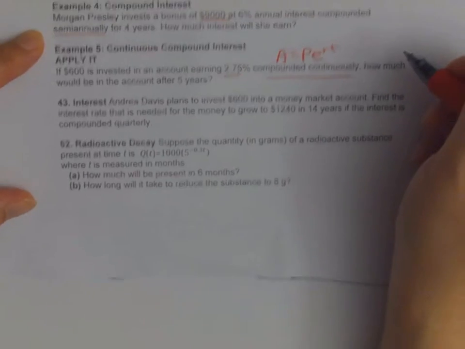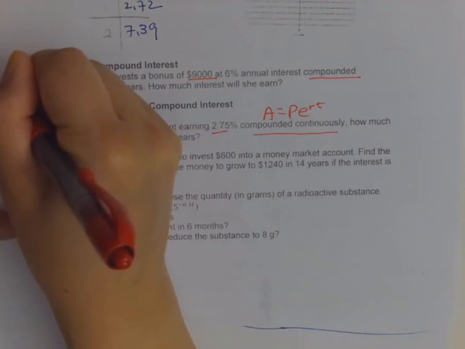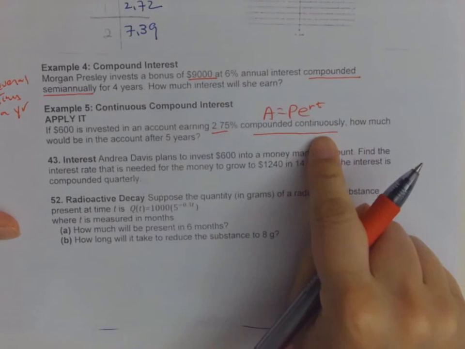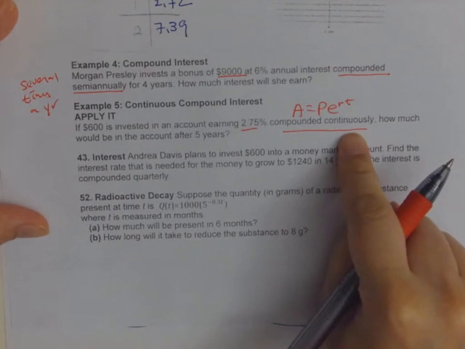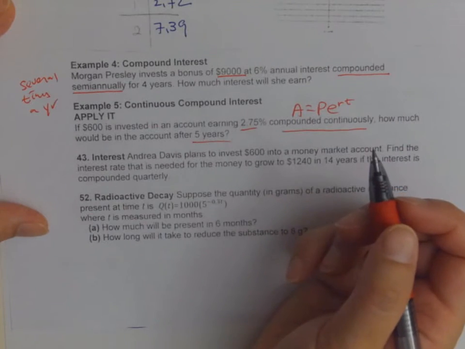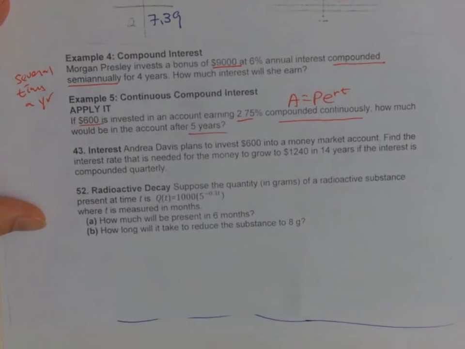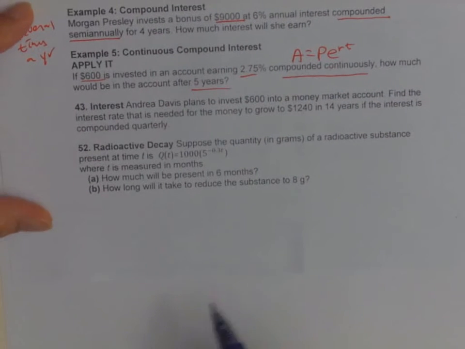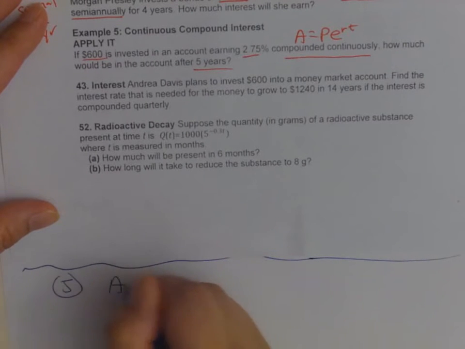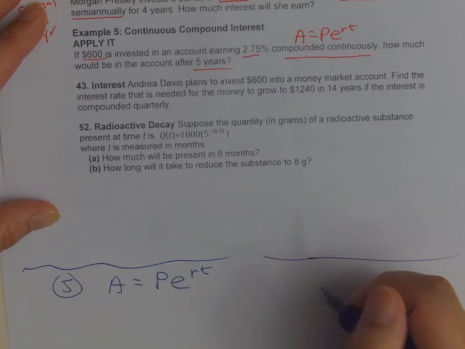The last one was compounded several times a year, but this one is compounded continuously, so use Pert. How much will be in the account in 5 years? So knowing which formula to use is helpful. For number 5, we use A equals Pe^(rt) for continuous compounding.